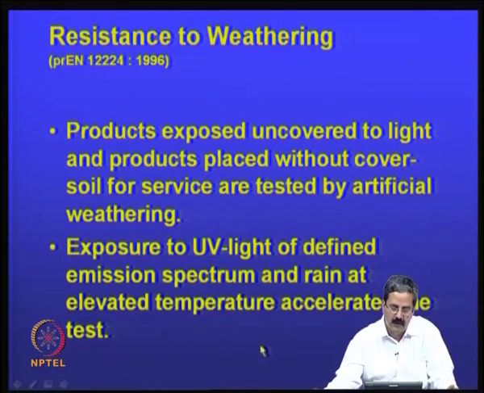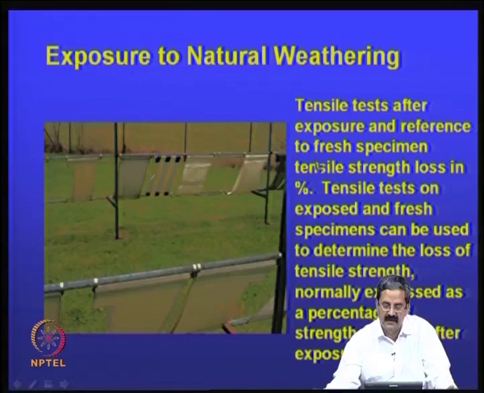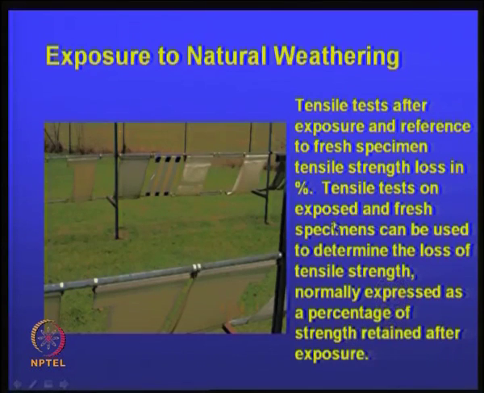So the ultraviolet test is one thing that we do. Then there is what is called exposure to weathering. A tensile test is done after exposure, with reference to the fresh specimen, to find the tensile strength loss. You expose the samples to different degrees of weathering, like keeping the samples for 1 year, 6 months, 10 months. For example, a PhD student can test for 2.5 years.